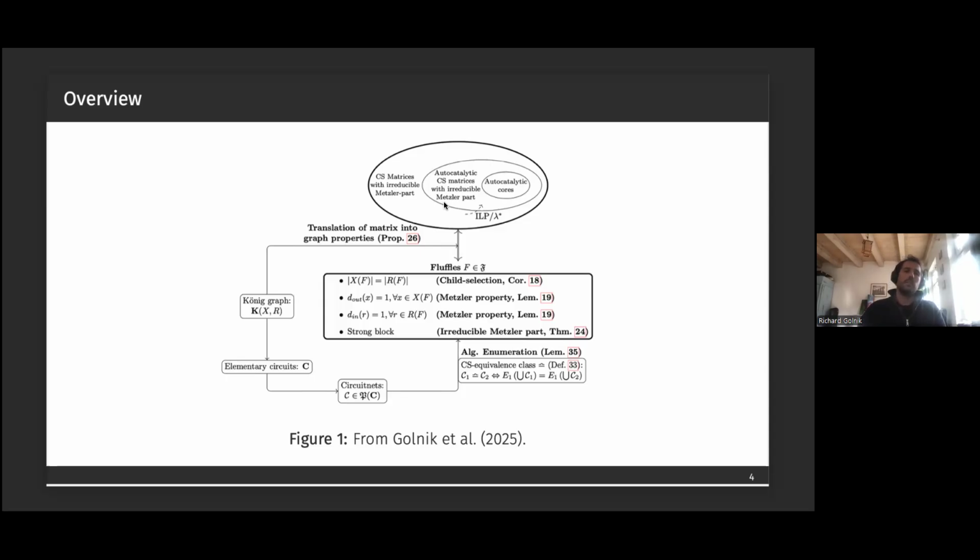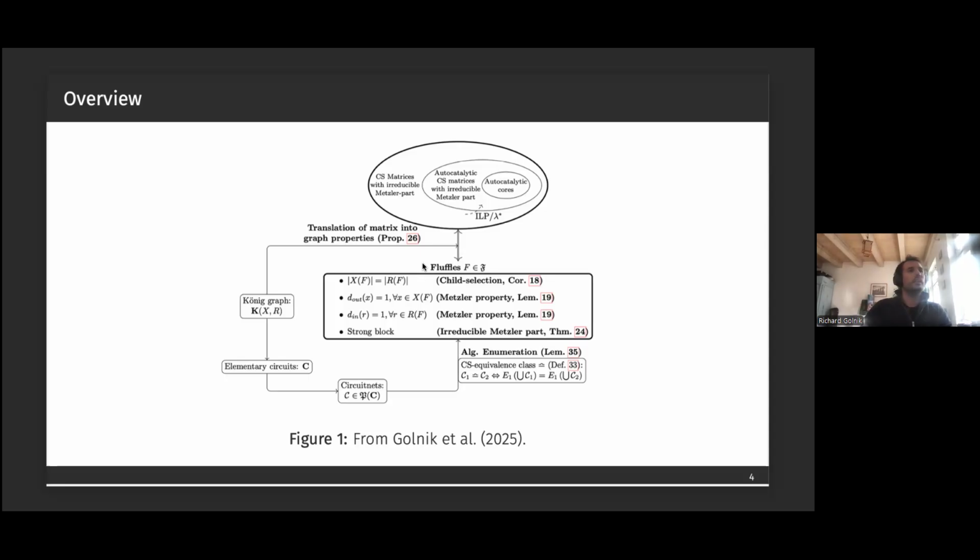The problem is, in a graph representation the stoichiometry is not encoded. And this is why we cannot find a direct representation of these matrices. We can only find a representation of child selection matrices with irreducible Metzler part. And after we have extracted the graph representation and then the matrix, we can check if this matrix is autocatalytic.